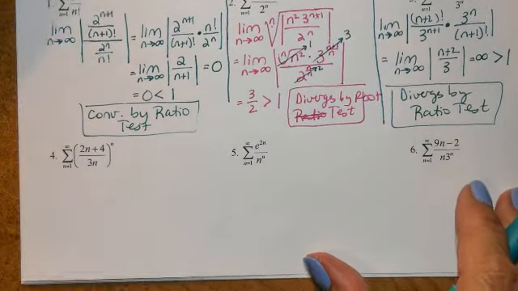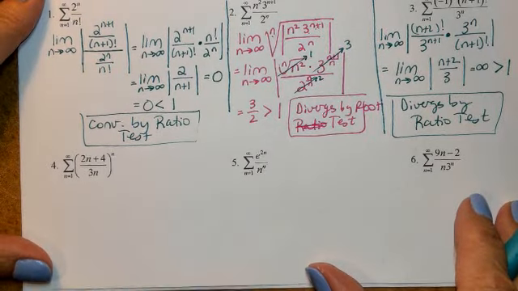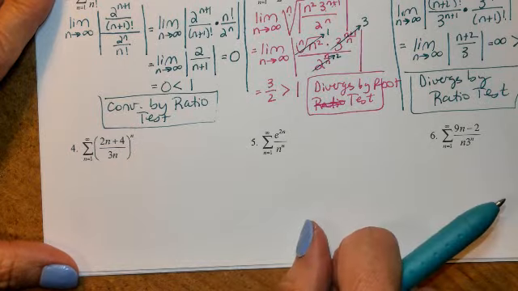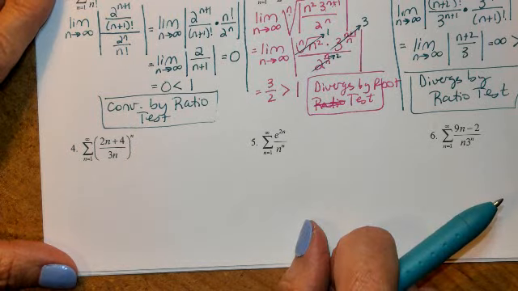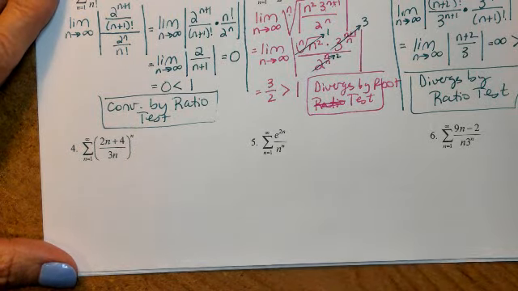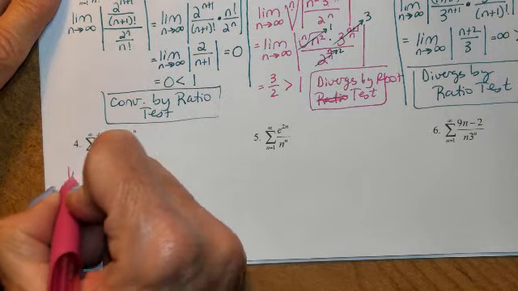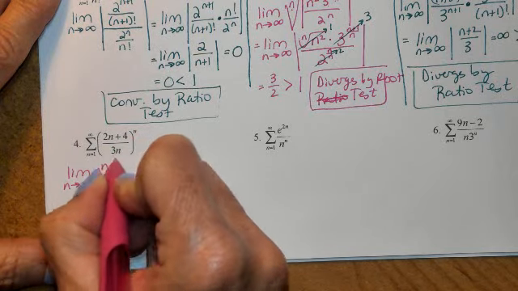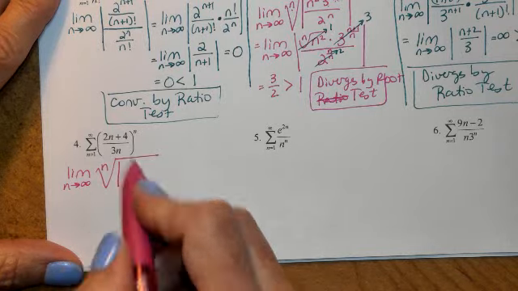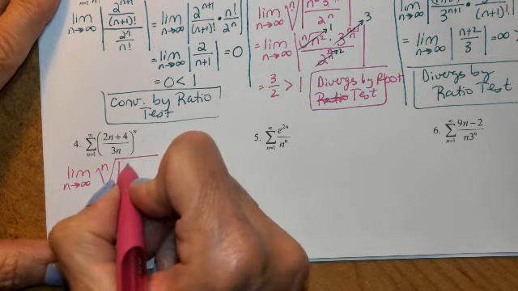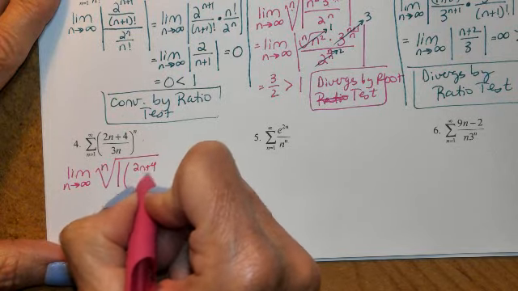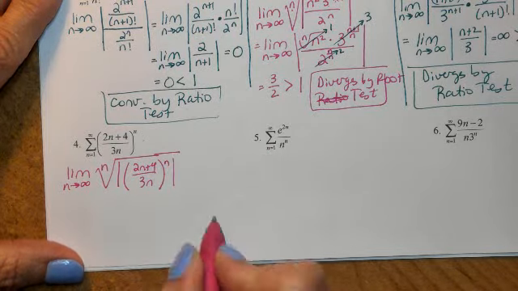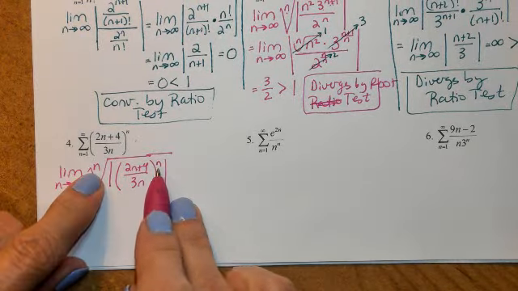Okay. Number 4. See this big power of n? This is perfect. Perfect for the root test. So I'm going to use the root test. Limit n goes to infinity, nth root, absolute value of just what you see here. 2 to the n plus 4 over 3n all to the n. What happens to that power?